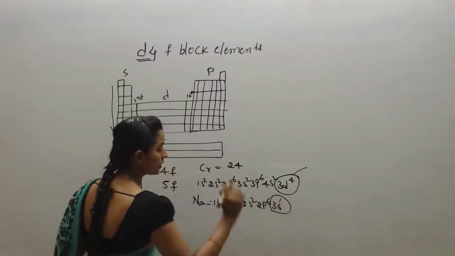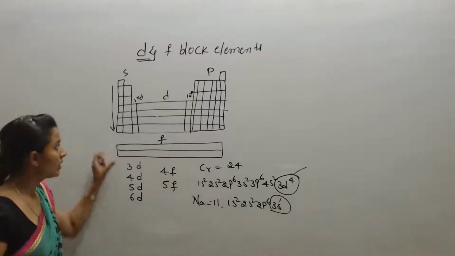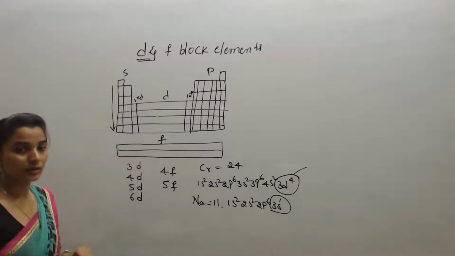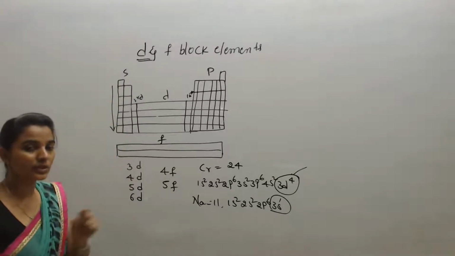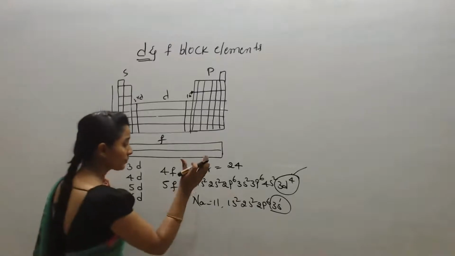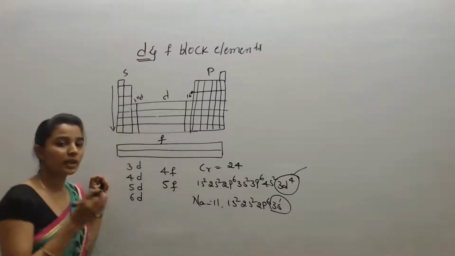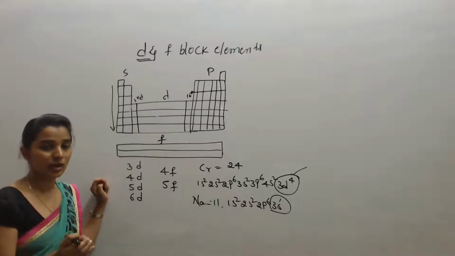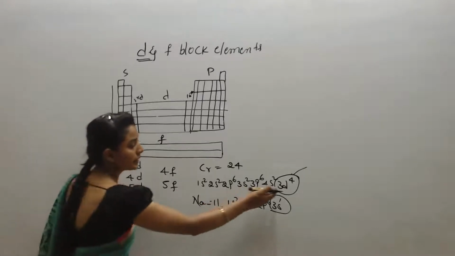Its last electron enters into the S subshell, so it belongs to the S block. This is how we classify S, P, D, F blocks. So D block elements are those whose last valence electron enters into the D subshell.